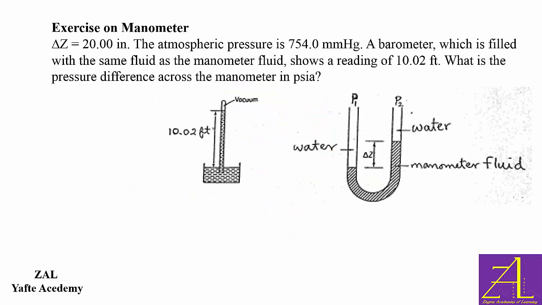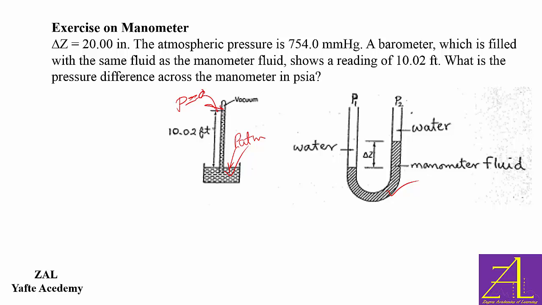We have a problem that is given in the exercise that we would like to do. In here I have a barometer which has got the same fluid in it as the manometer fluid. This will help me to get the density of manometer fluid. Here is vacuum, so pressure at that point is 0, and pressure here is atmospheric pressure.